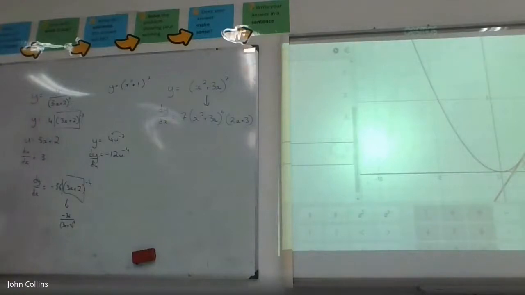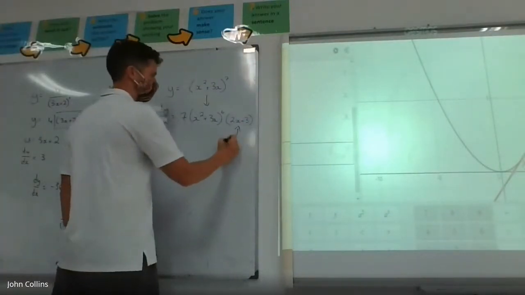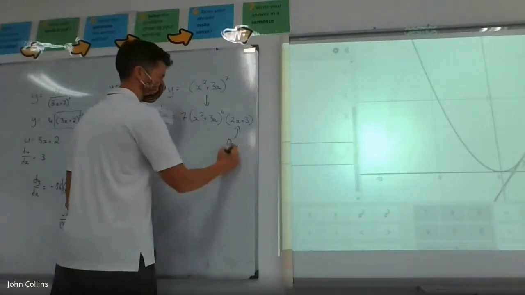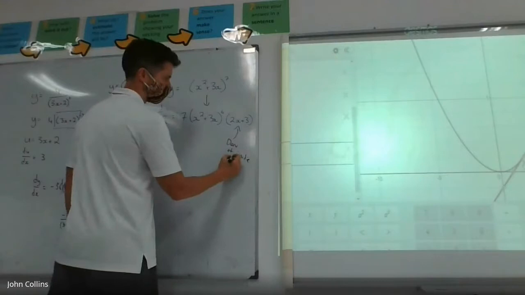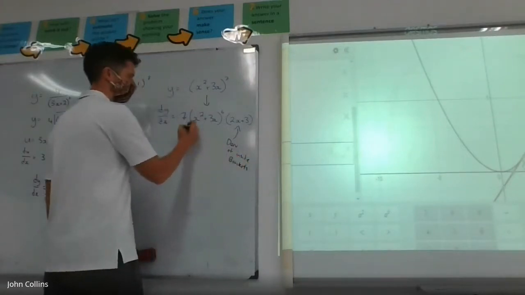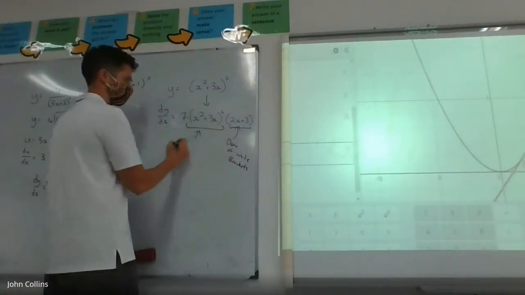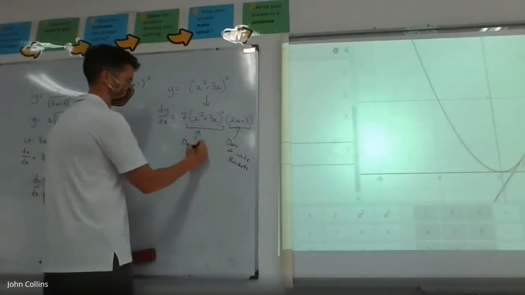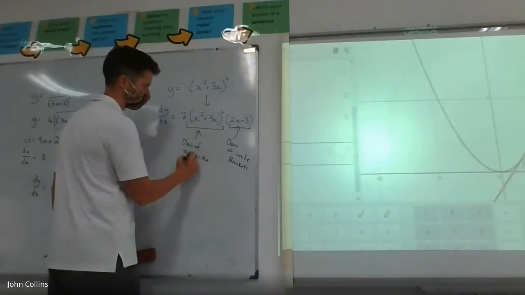So how do we write that? If you want, you can say that's the derivative of inside the brackets, parentheses, whatever you want to call them. And this is kind of the derivative of all of that. And all of this is the derivative of outside the bracket.